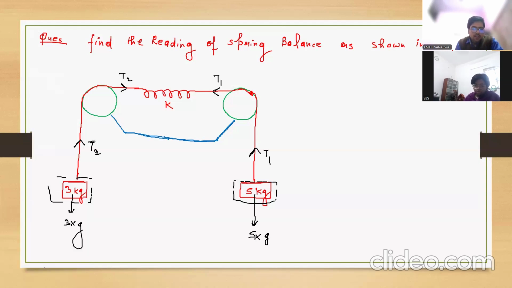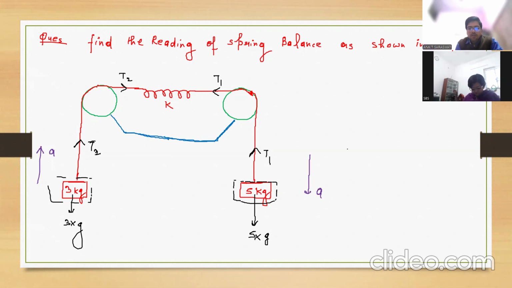Now which is heavier, 5 kg or 3 kg? 5 kg. So the entire system is going like this. This is going down with the acceleration. This is going up with the acceleration. Clear? Now apply Newton's law.